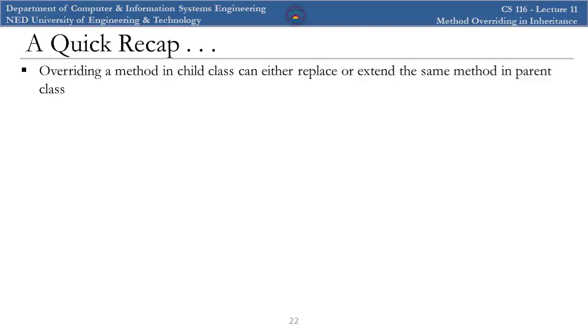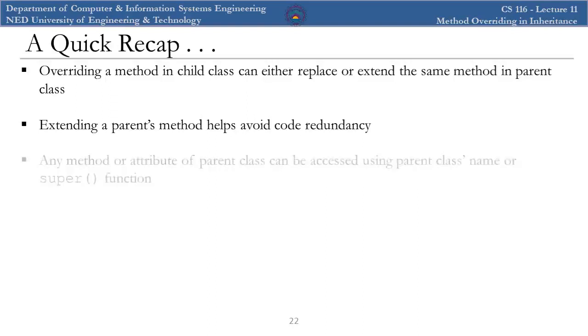Let's recap it quickly. Overriding can either replace a parent's method or extend the functionality of that parent method. Extending a parent's method means that we are trying to avoid code redundancy. We can access methods or attributes of the parent class, and there are two ways for that. One is the super function and the other one is by using the class name.